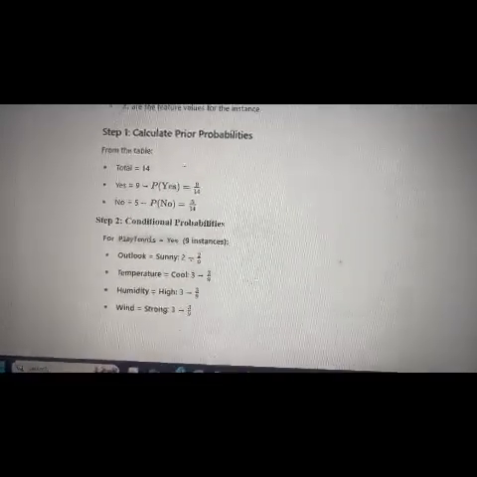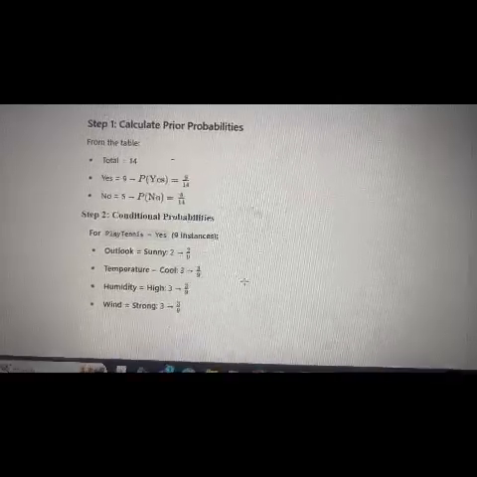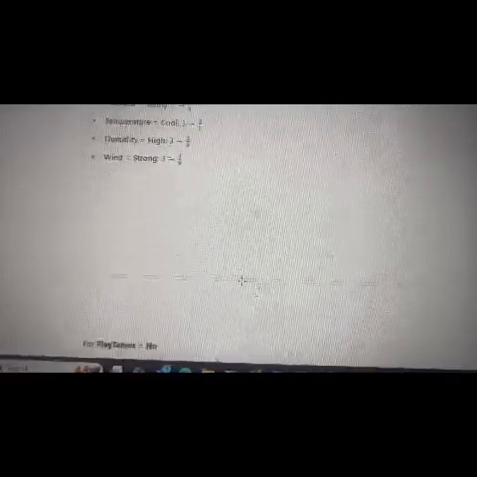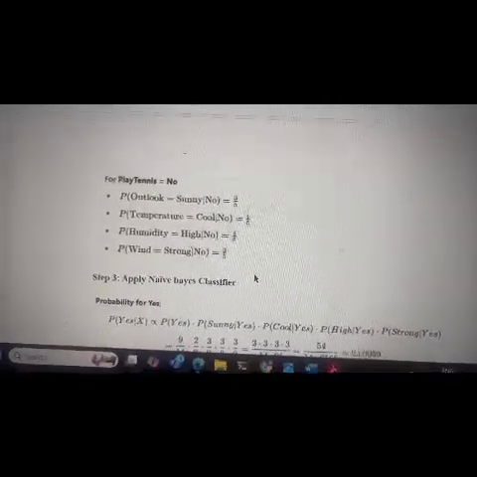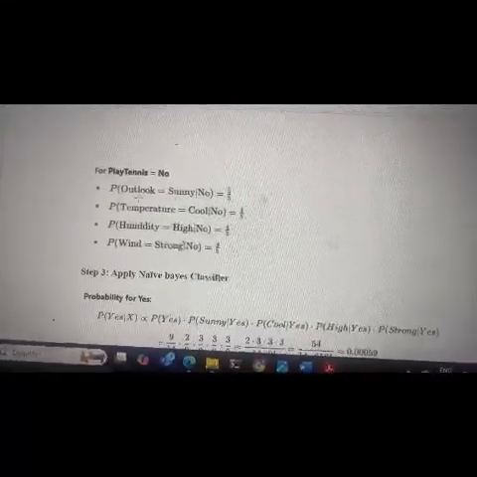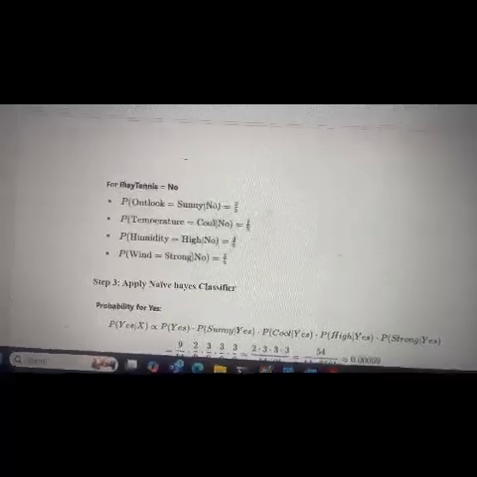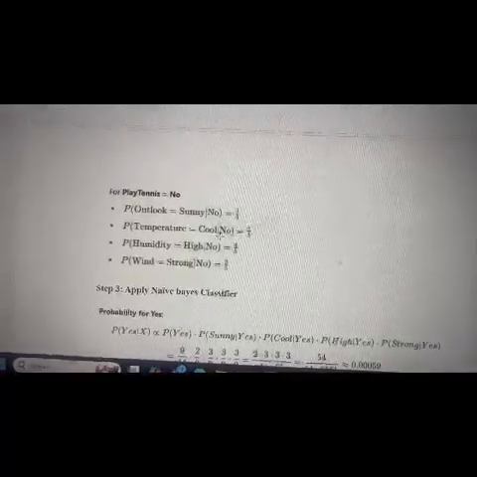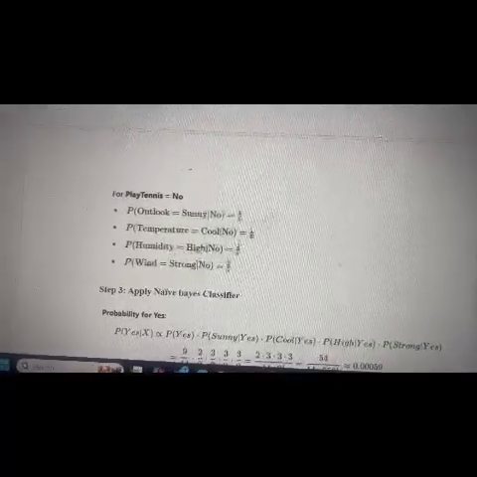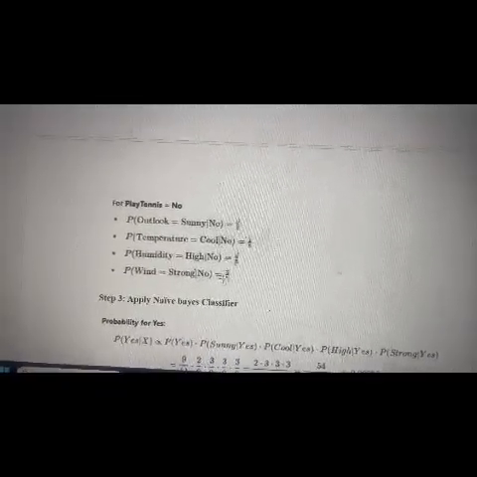So this is the required attribute for playing tennis, and we have obtained the conditional probability. Now let us see the probability for no. The outlook is sunny, 3 by 5; temperature cool, 1 by 5; humidity high, 4 by 5; and strong wind, 3 by 5.